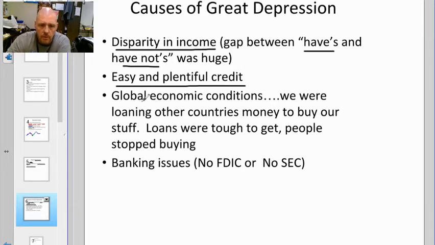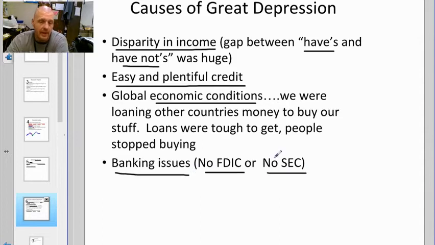We saw some global economic conditions create some of that slowdown. We saw some banking issues. We'll eventually talk about banking. And back in this time, there was no FDIC, there was no SEC, right? There were no financial police, if you will, to kind of help guard against people making choices or banks making maybe poor choices with your money.